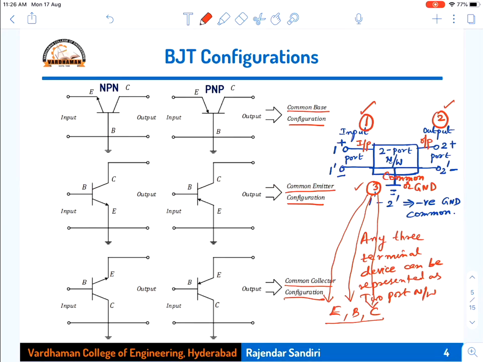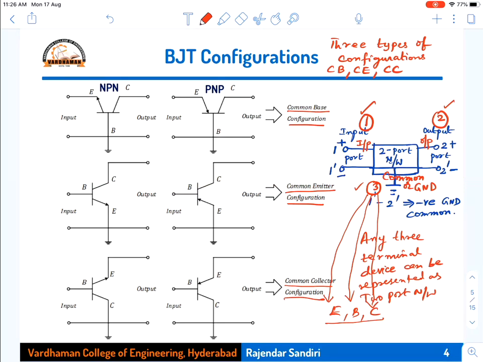So there are three types of configurations, represented by common base, common emitter, common collector. In short, they are represented as CB, CE, CC. These are the standard abbreviations for the three configurations.